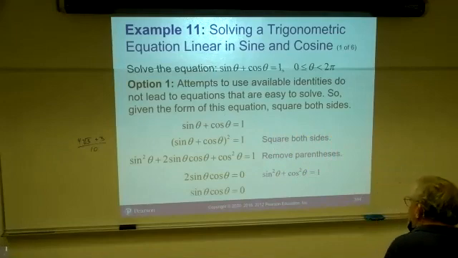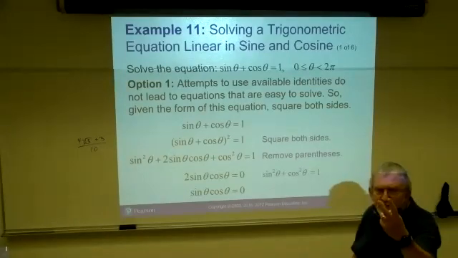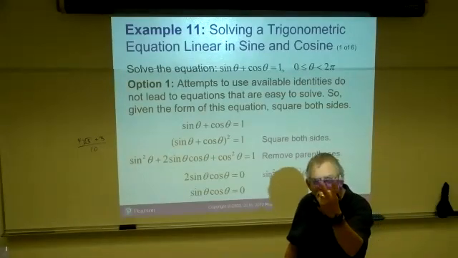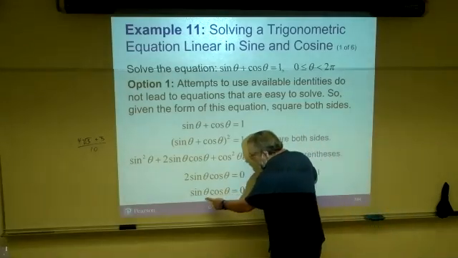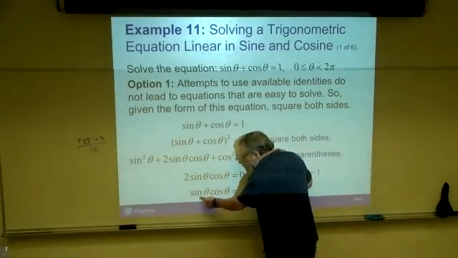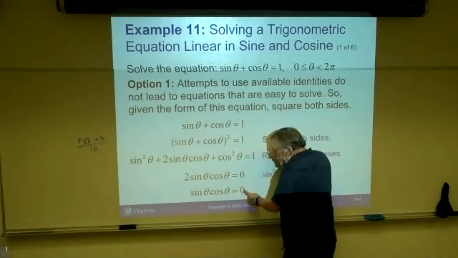So sine times cosine equals 0. Oh, so you get 2 solutions. I have a product that equals 0.